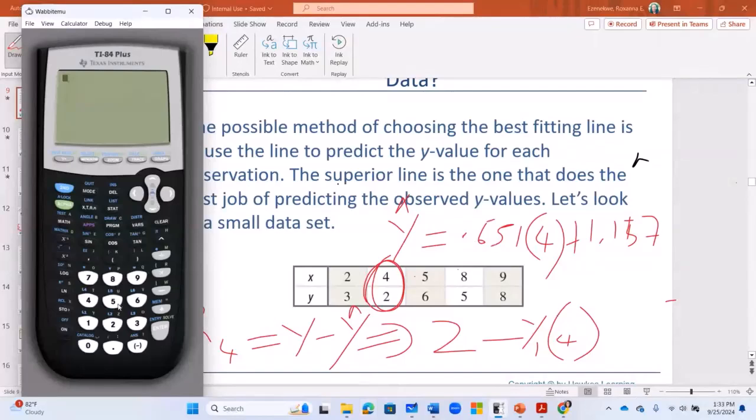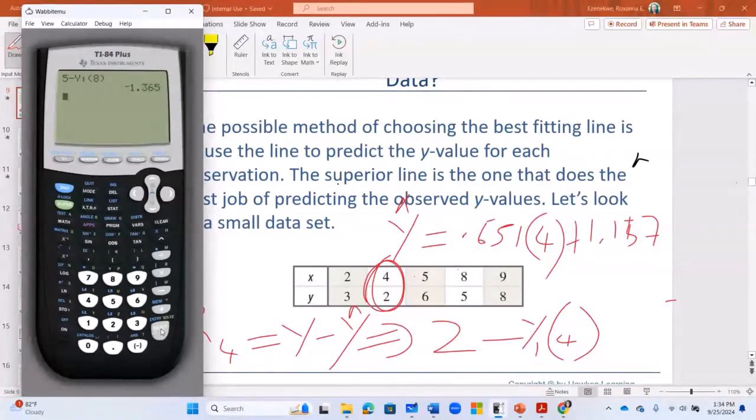Minus, bring down the y, Vars, Y-Vars, function y1. Substitute the value 8 there, because I'm looking for the residual for 8. All right, there goes the residual for 8.